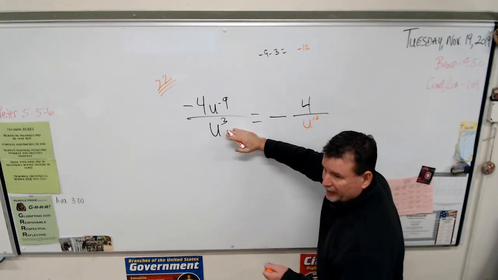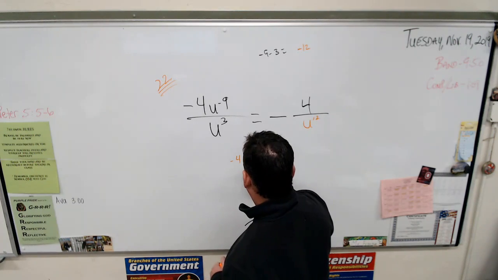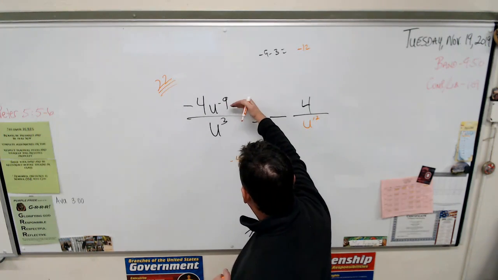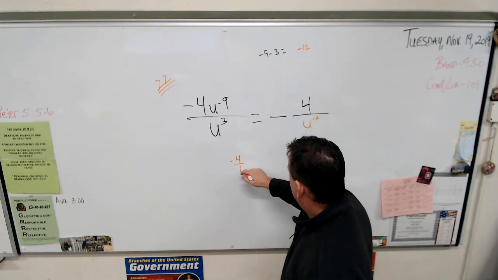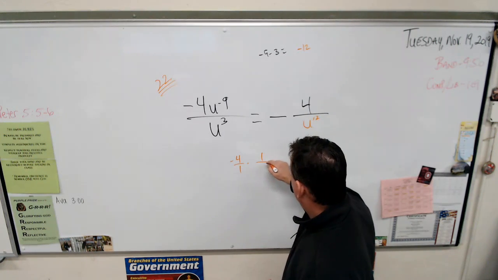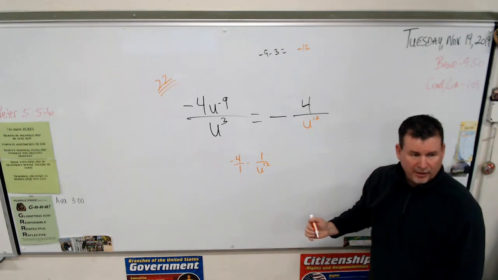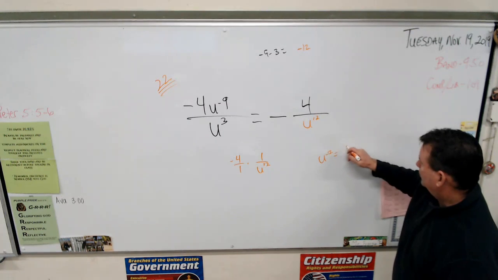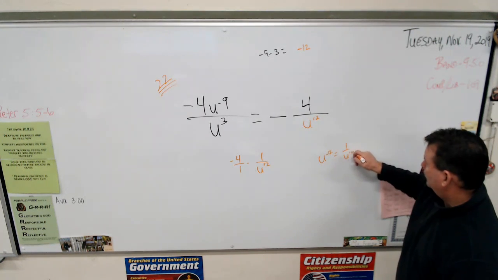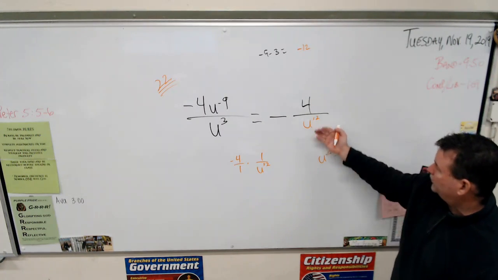If I was to write it all out, negative 4, and then the u to the negative 12th will be written times 1 over u to the 12th. Has everybody got that? Because u to the negative 12 equals 1 over u to the 12th. So we have the 4 times 1 over u to the 12th. Boom, there you go.